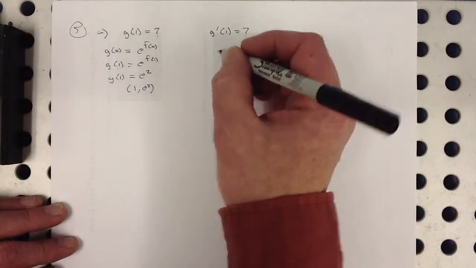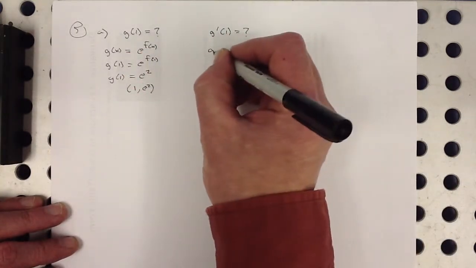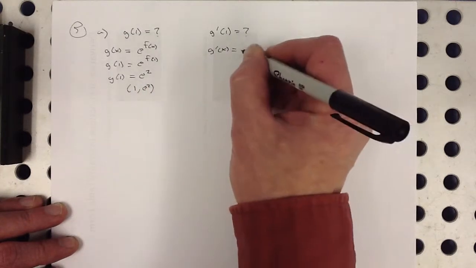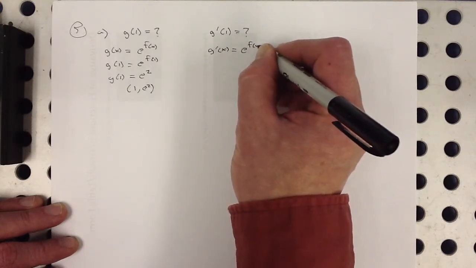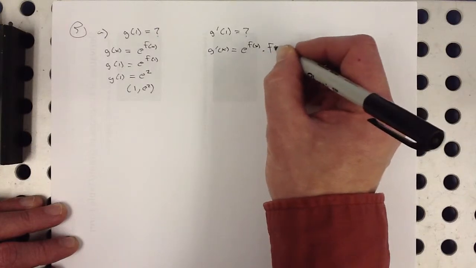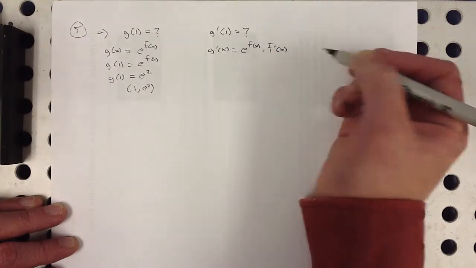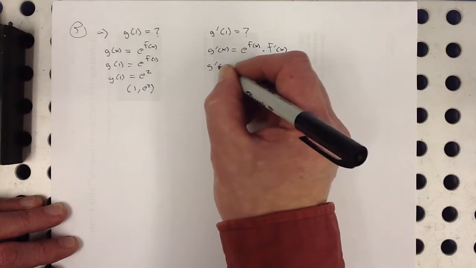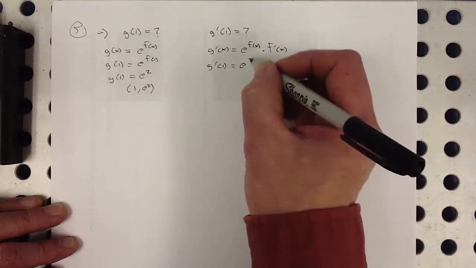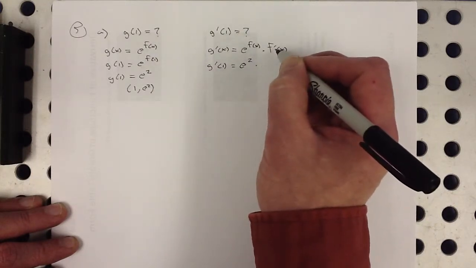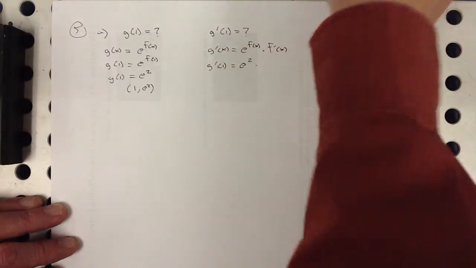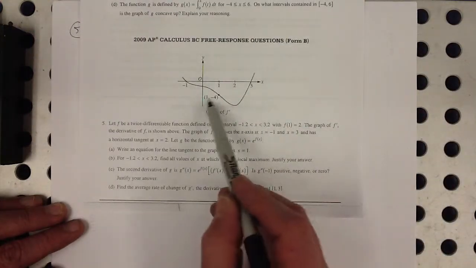Since the g function is here, its derivative, g prime of x: the derivative of e to the whatever is e to the whatever, and that's not just an x, so times the derivative of what's inside. And so g prime of 1 would be equal to e to the f of 1, that's the 2 again, times f prime of 1, and f prime of 1 is negative 4.